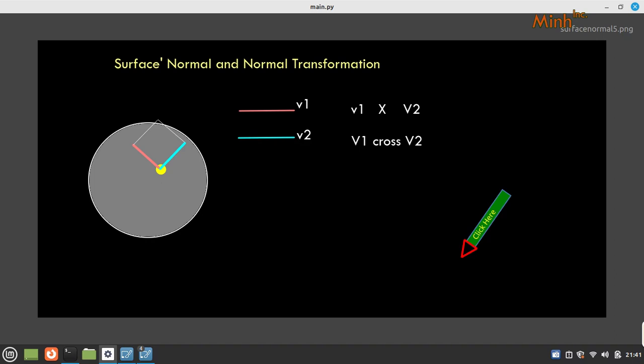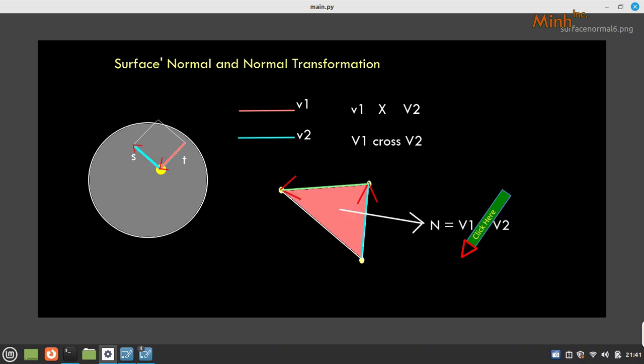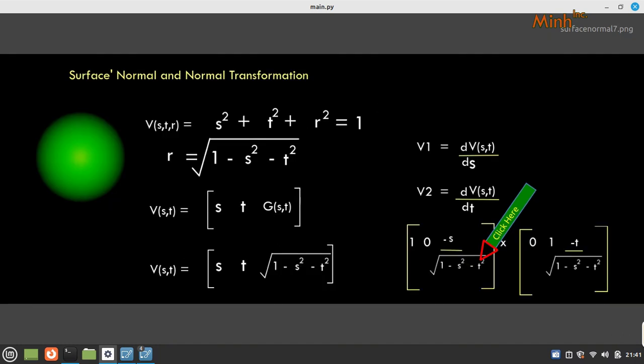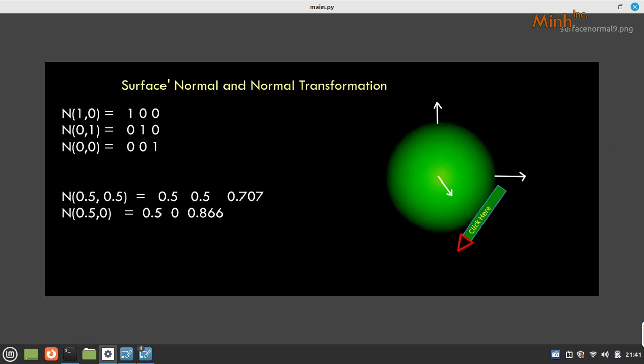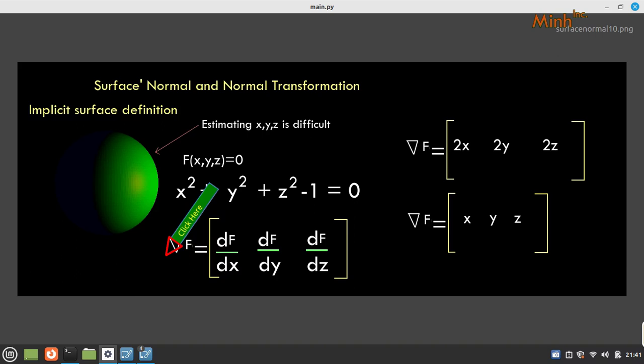In the explicit we get the tangents and then take the cross product and we get the normal. And in the implicit we get the formula in x, y, z, and then we calculate the gradient.